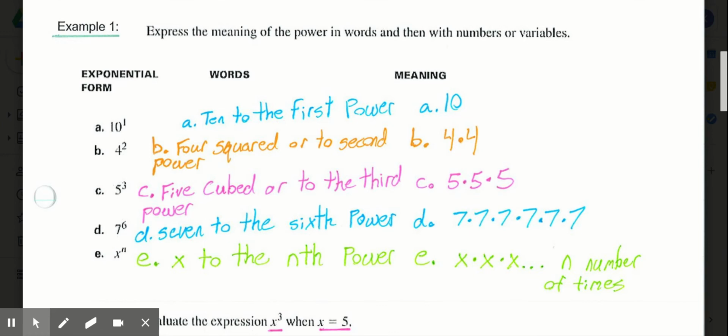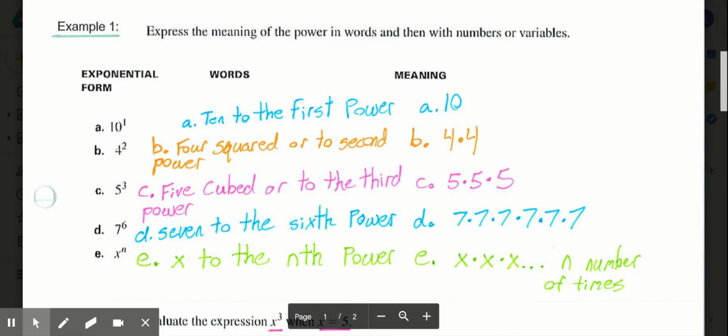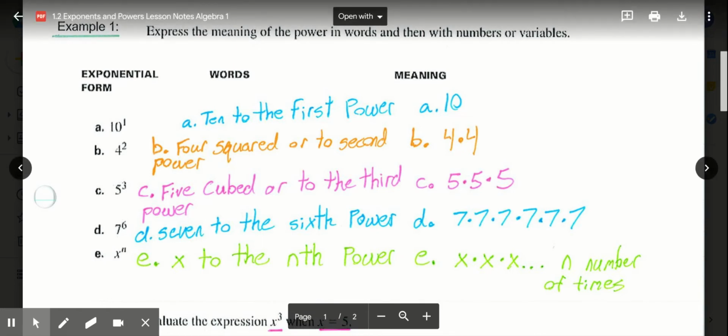And then in E, we have a base of a variable of x and an exponent of a variable of n. So we would read that as our base x to the nth power. And what that would mean is x times itself n number of times. The power is up here, that would tell us how many times to multiply x by itself.